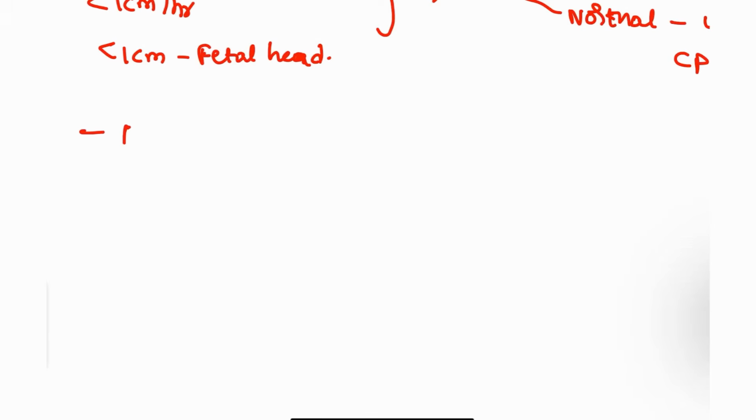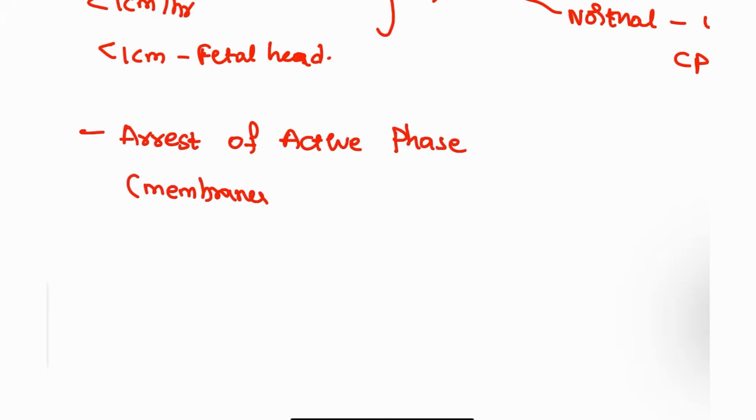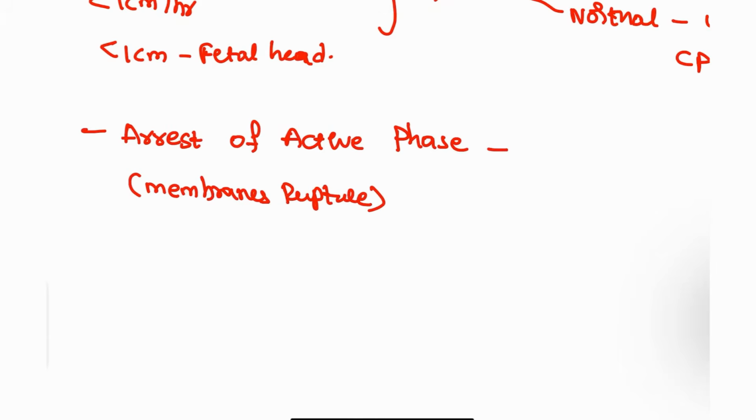Next one is the arrest in active phase. What does arrest of active phase mean? It is diagnosed if the membranes are ruptured, but despite that, for more than or equal to 4 hours the cervical dilatation is still the same.